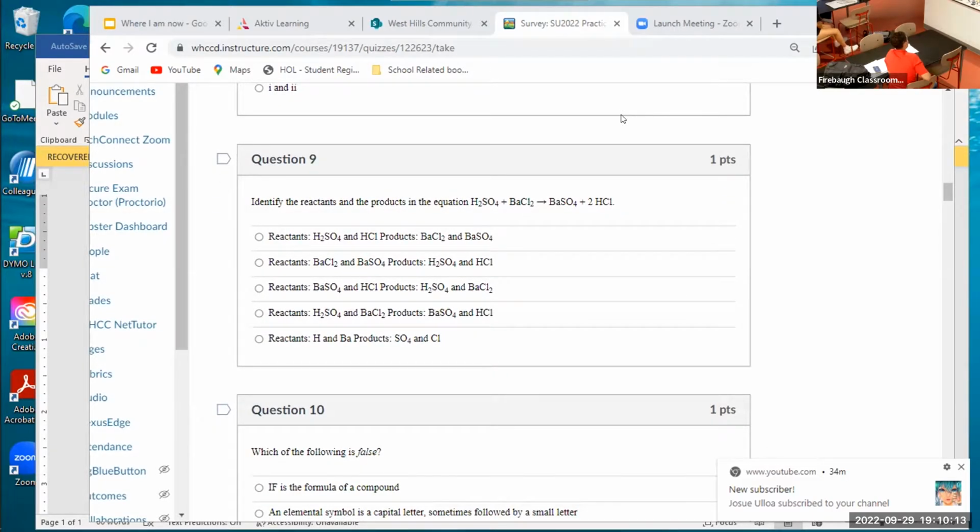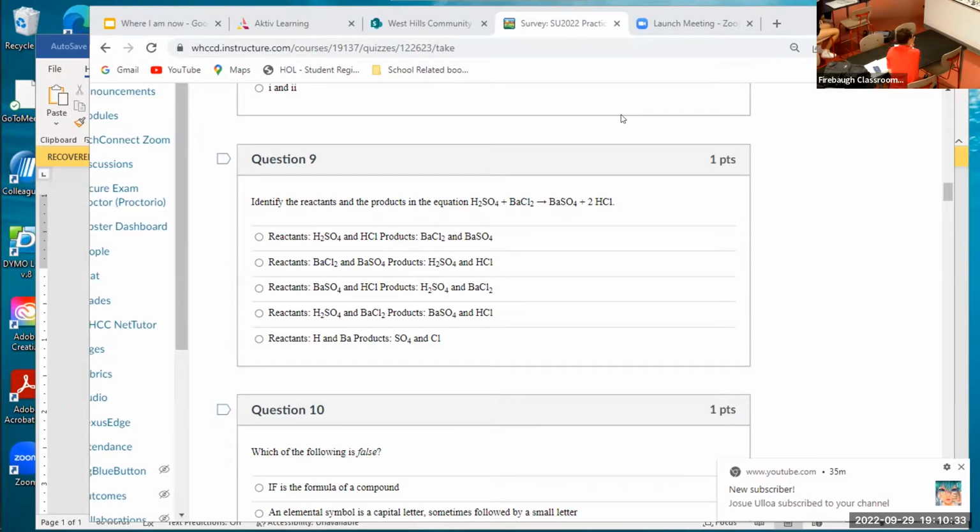Okay. Identify the reactants and the products in the equations. Reactants: H2SO4 and HCl. First one? No. Not the first one.